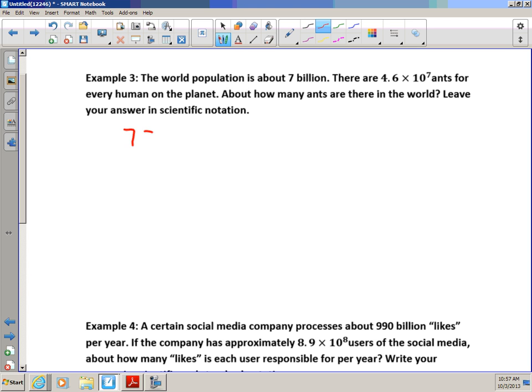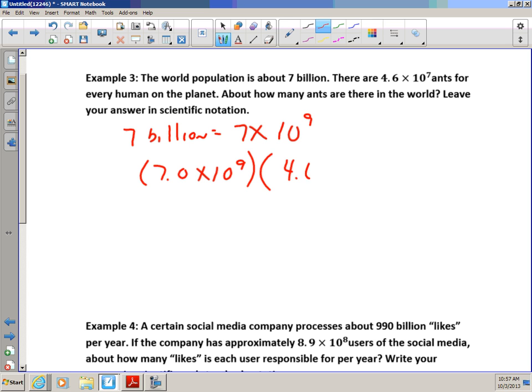Well, before doing that, I have to convert 7 billion, and I'll write 7 billion into scientific notation. Well, that means there's 9 zeros. And now I can just multiply these two numbers.